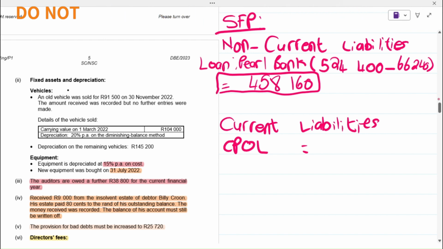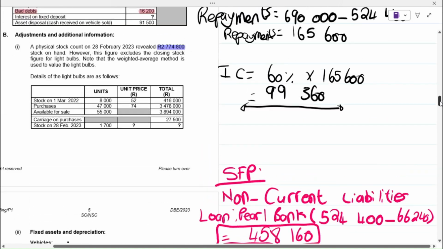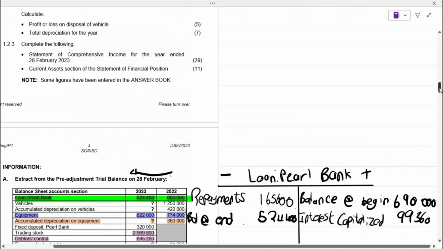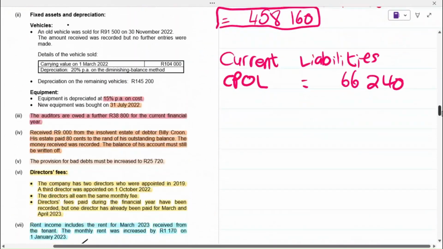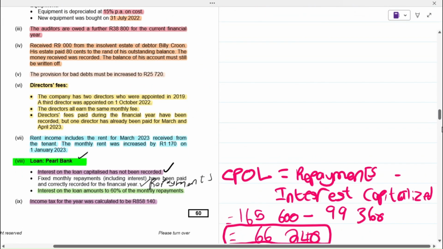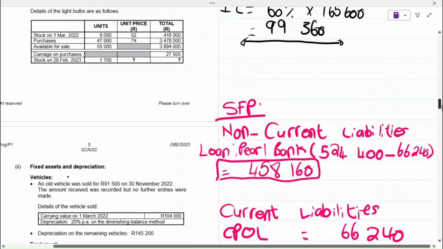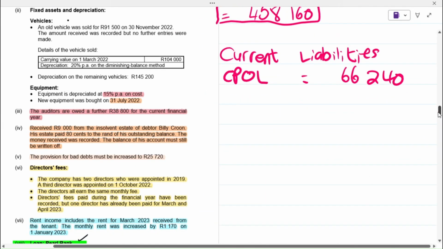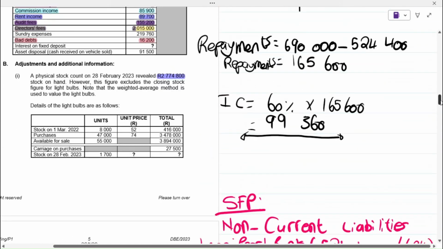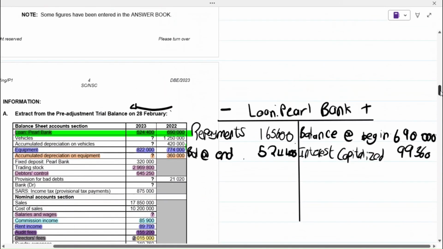So my current portion on loan will be 66,240. Once you have gone through everything, you are on the right track. So this is how we are going to attack a question like this.